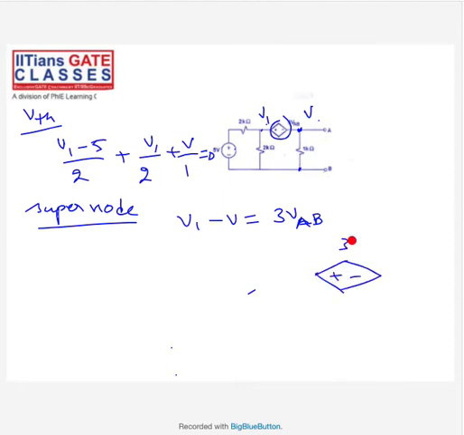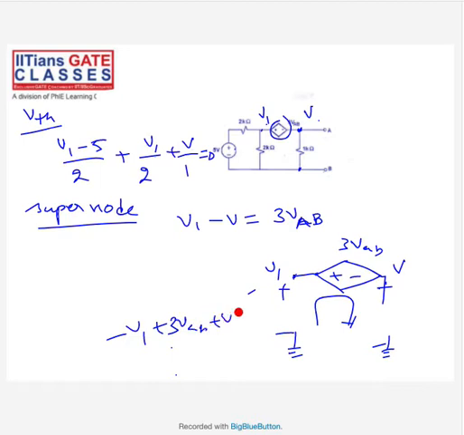This is plus minus 3VAB, and this voltage is V to ground. So if I take the loop, this will be minus V1 plus 3VAB plus V is equal to 0, or V1 minus V is equal to 3VAB. This is how you can write the supernode equation.